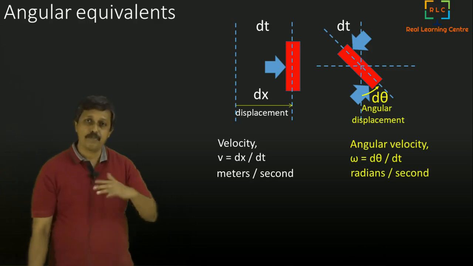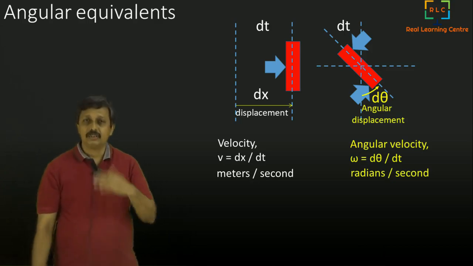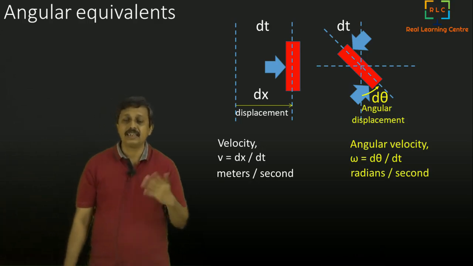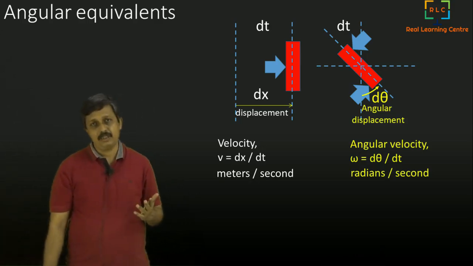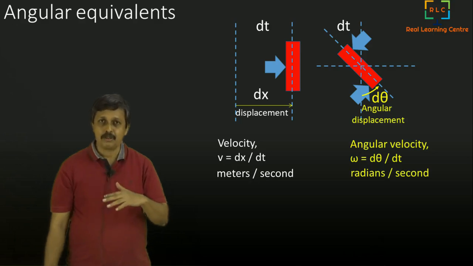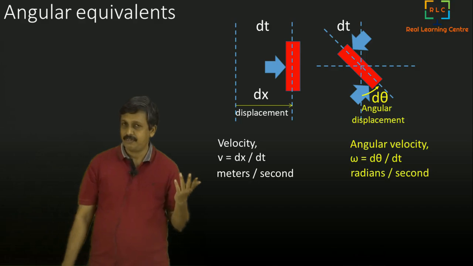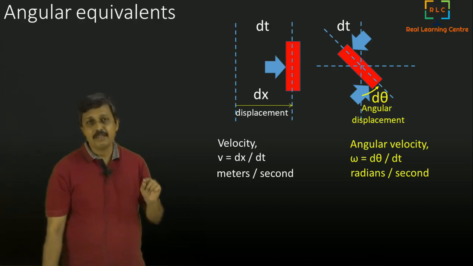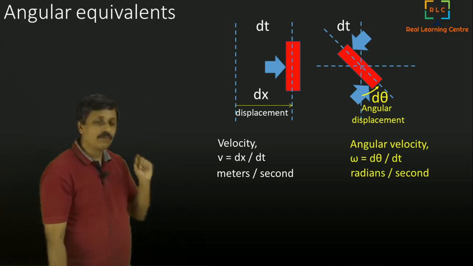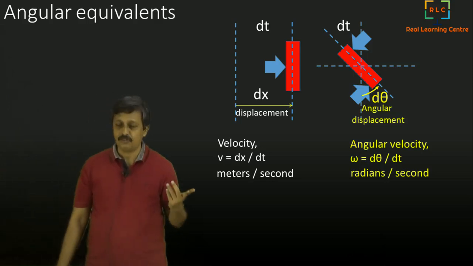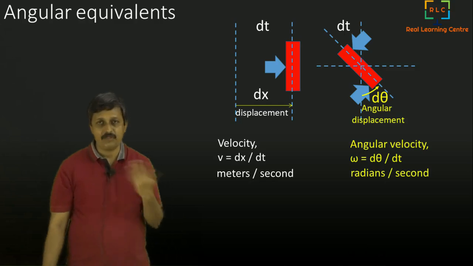Here also angle can be measured in various units. The degree is one thing that we know of, and radian is another. So there is a conversion factor between them.